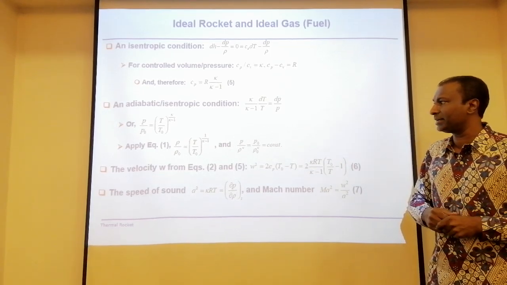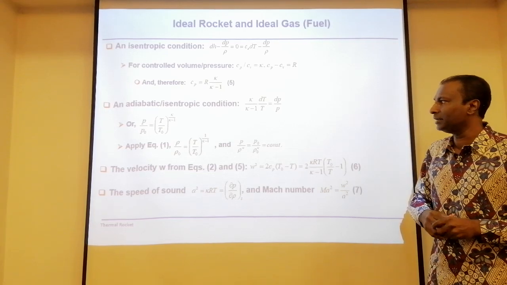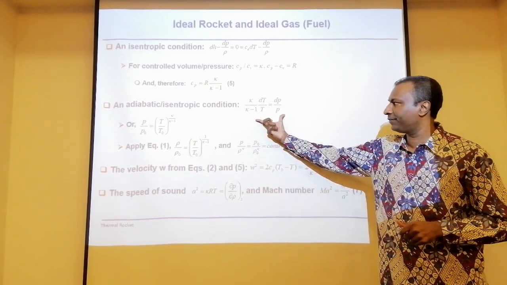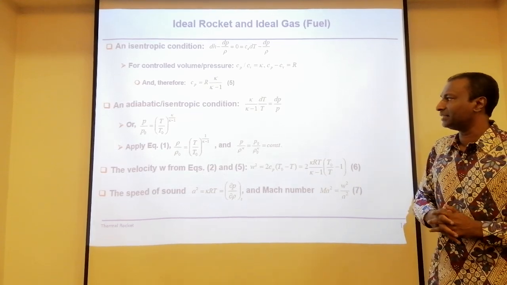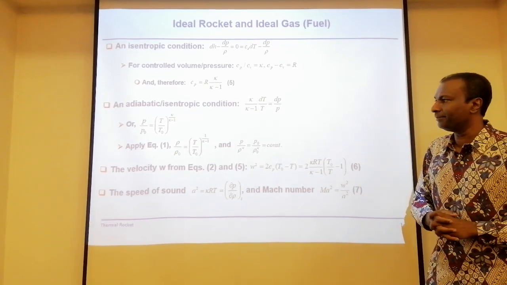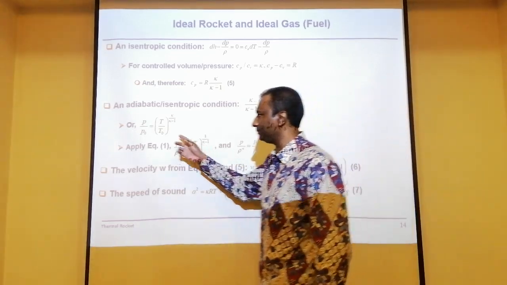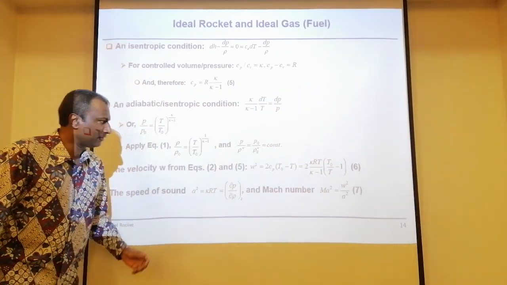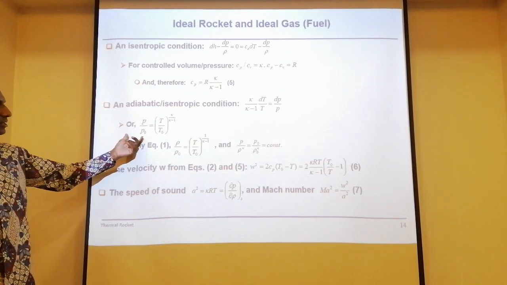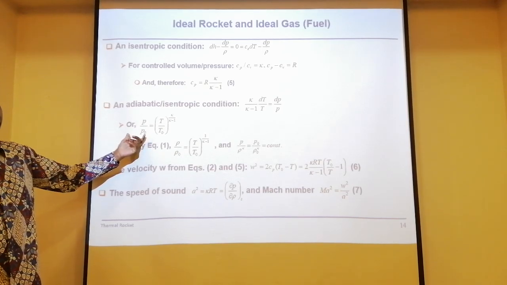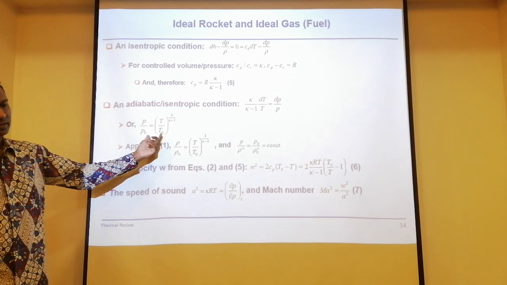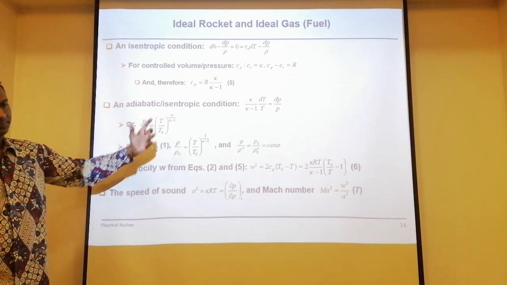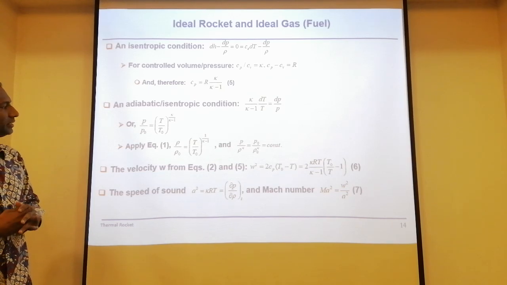For adiabatic isentropic conditions, we can have a relation between kappa, which is CP over CV, the temperature and the pressure itself. This is a very important ratio. You have the pressure ratio, so I can rewrite the pressure ratio in terms of the temperature ratio as well, obviously with the power of kappa.